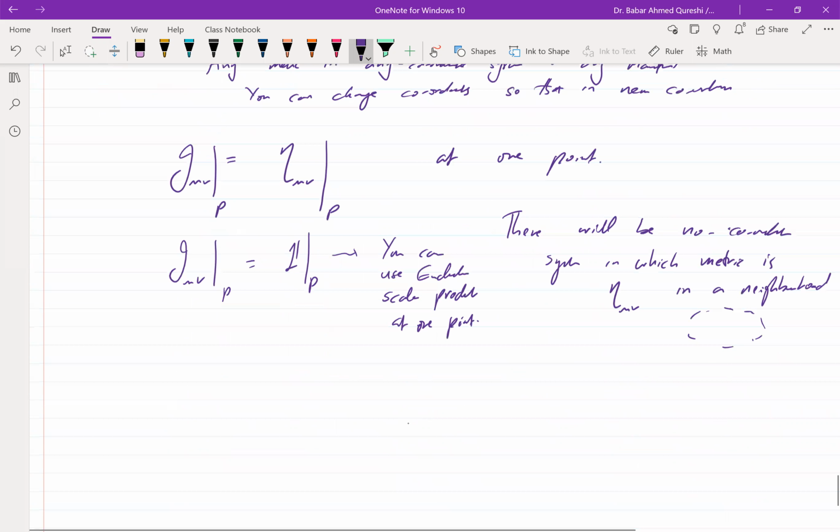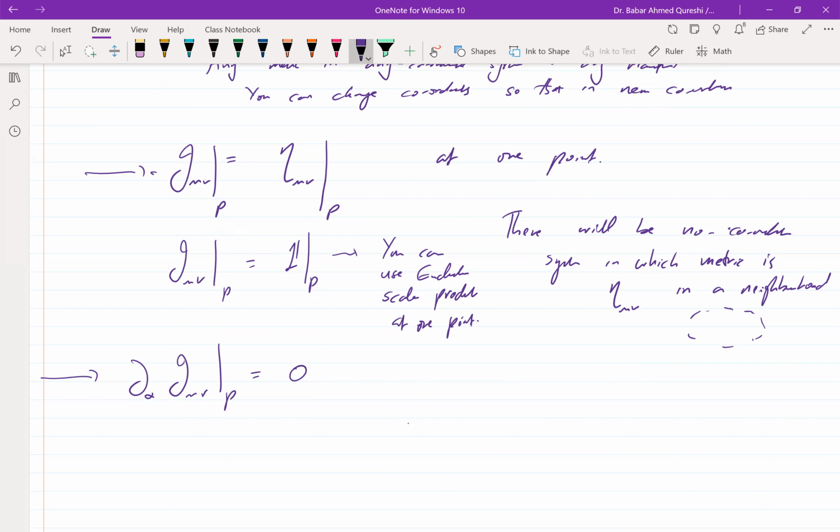Not only that, you can also arrange things so that you find the coordinate system where this happens, and at the same time, the first derivative of the metric is 0 at that point. But obviously, if all the derivatives were equal to 0, then it would be constant.